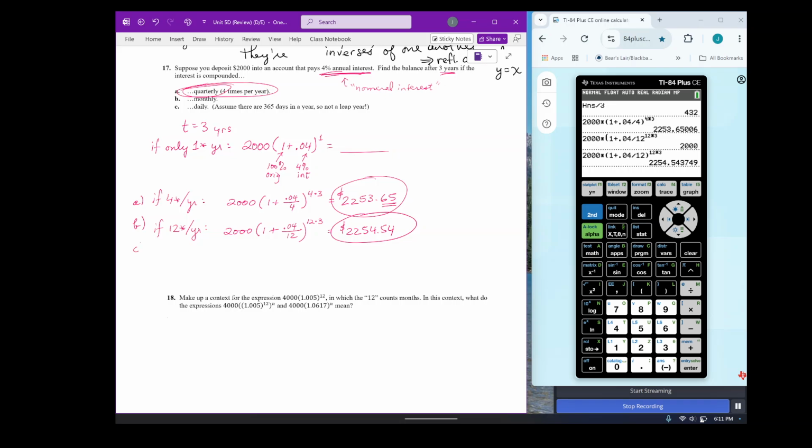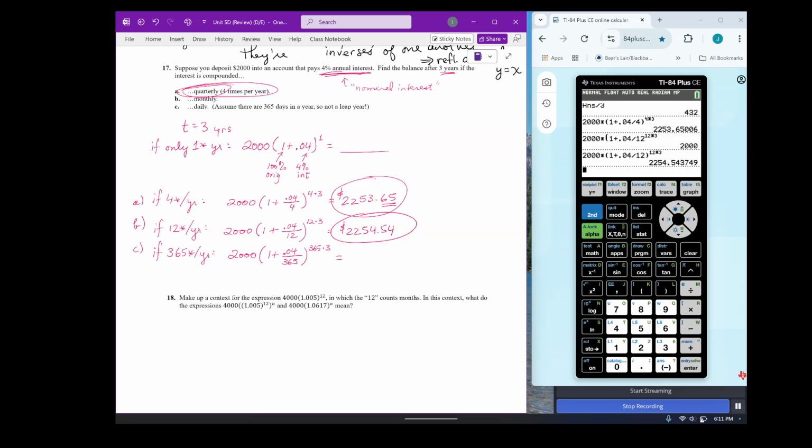Okay, and if it's done daily, so 365 times per year, well, we've got our initial amount, 2,000, 1 plus, and then it's not really 4% once a year, it's 4% cut up into 365 parts, done 365 times a year, and we're doing it for 3 years, so it's really that many times we're compounding.